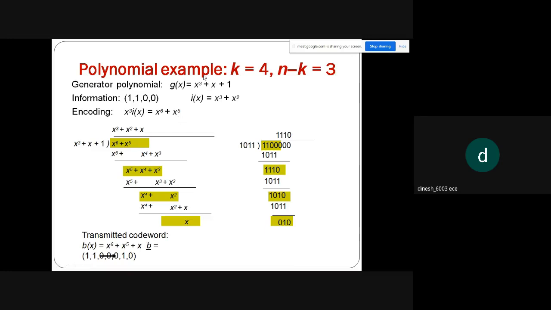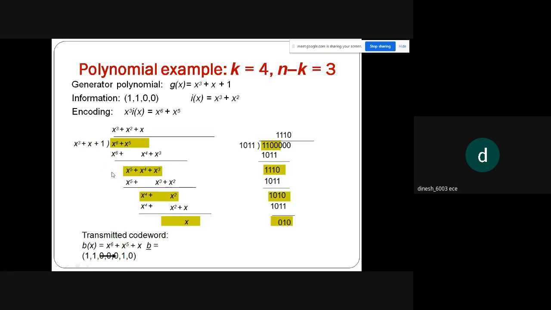Generator polynomial is given as x power 3 plus x plus 1, and the encoding pattern is given as x power 6 plus x power 5. So divide using your polynomial division, we get a remainder, and we get a quotient.